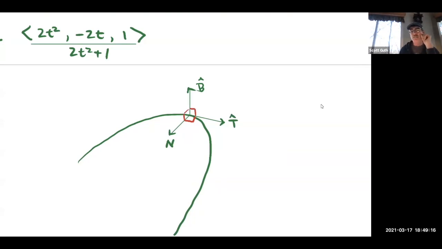These basically become an IJK coordinate system that moves with the curve. This is what we call the TNB frame.